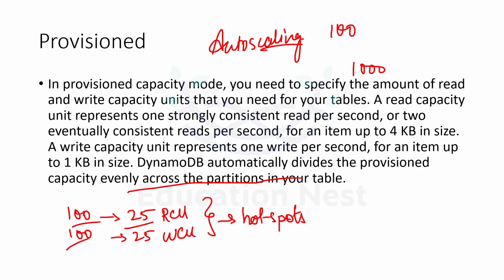It supports global tables, streams, and backup. And this also has the ability to monitor the usage and performance using Amazon CloudWatch. So these are the different features and functionalities that we have for our DynamoDB capacity modes.